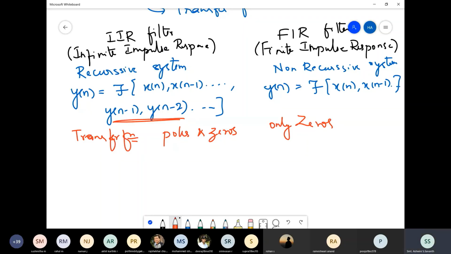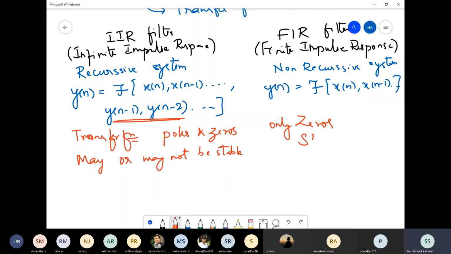Since the stability of a system is related to the poles of the transfer function, if all the poles lie within the unit circle, then we say the system is stable. So an IIR filter may or may not be stable depending on the location of the poles.